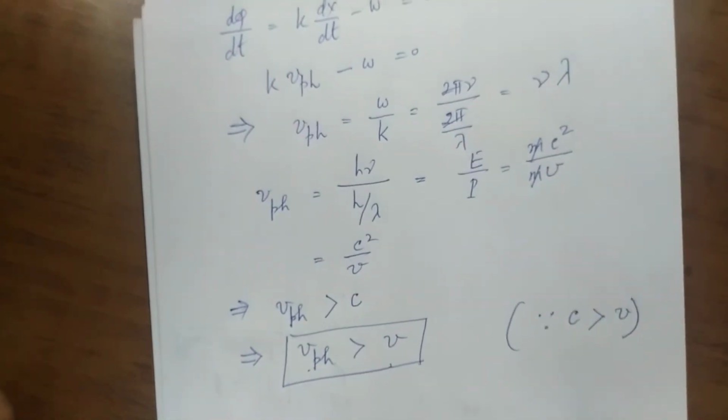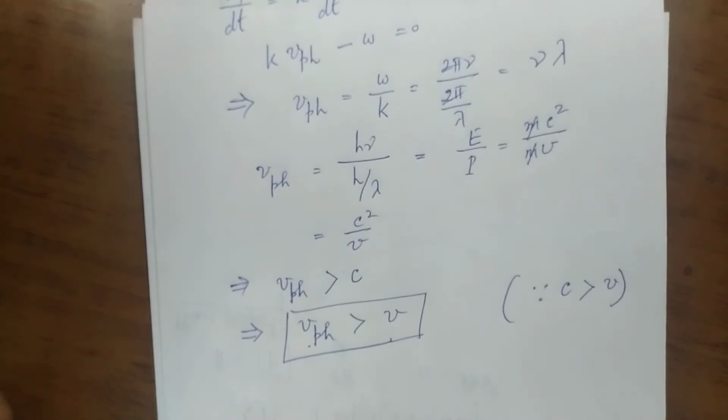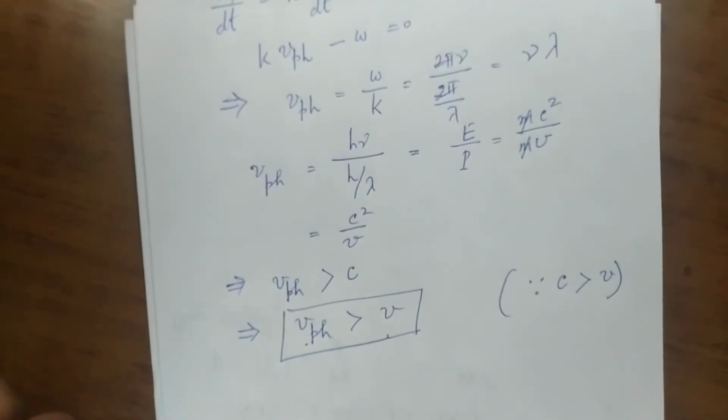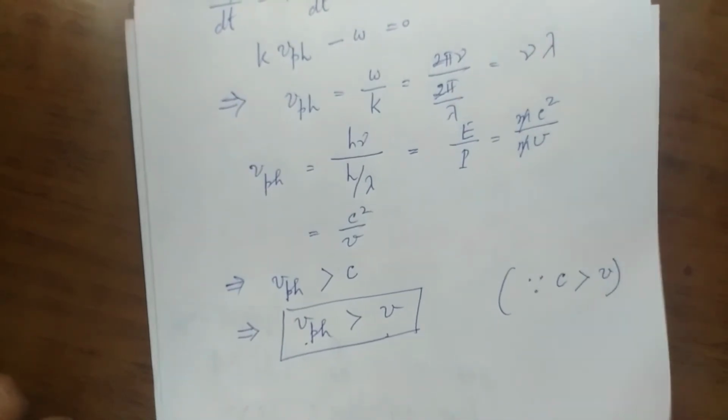The wave travels faster than the particle and the particle lags behind. It means a single wave train cannot represent a moving particle, because if the wave has to represent the particle, then the wave velocity must be equal to the particle velocity, but they are not equal here, because phase velocity is greater than particle velocity.